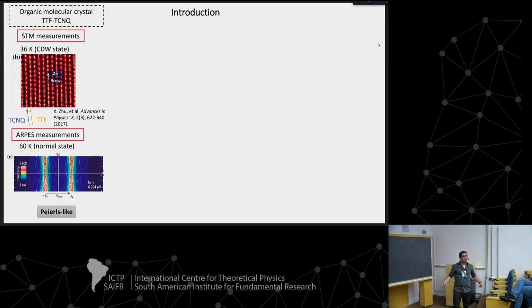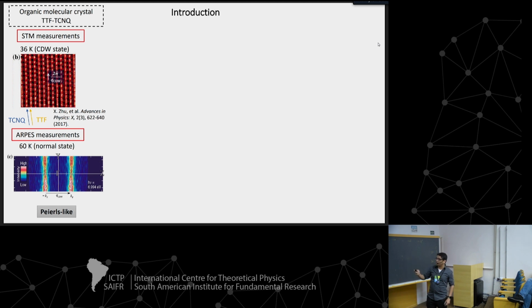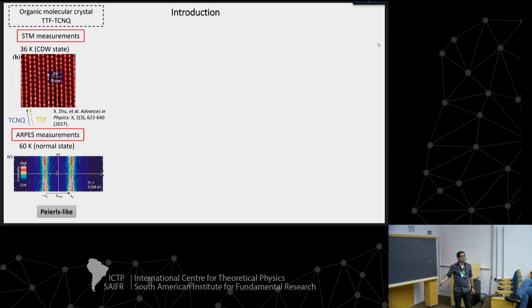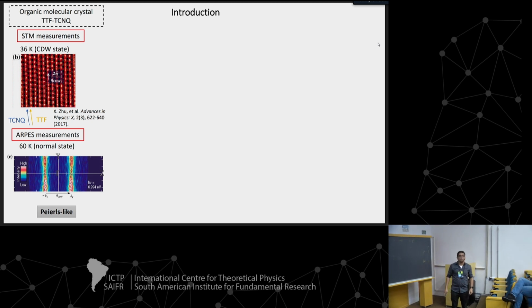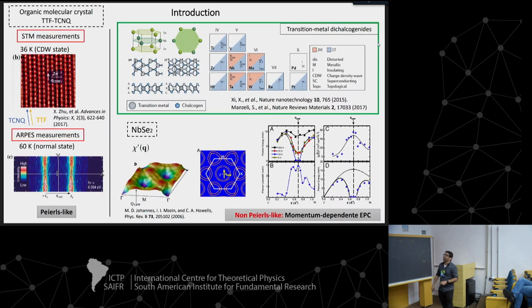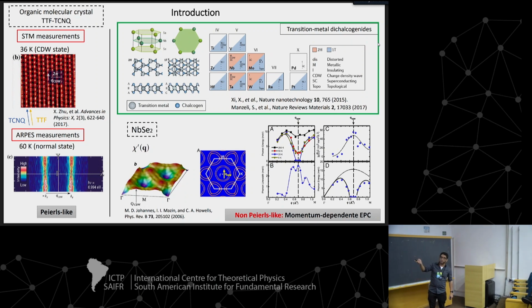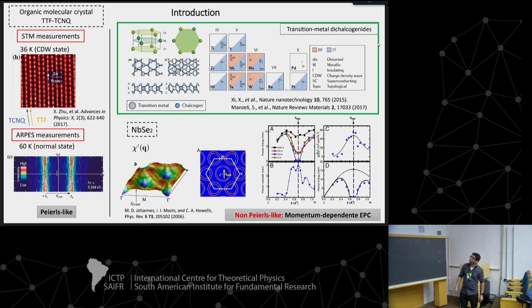And this really happens in nature. For instance, this is one example of a quasi-one-dimensional organic material that exhibits this kind of Peierls-like behavior. But this is not true for all materials. If you discuss the transition metal dichalcogenides, here I will focus on niobium diselenide.